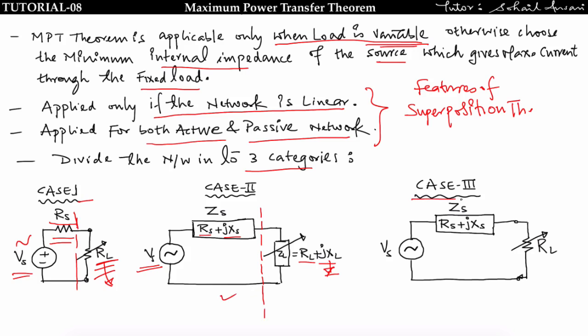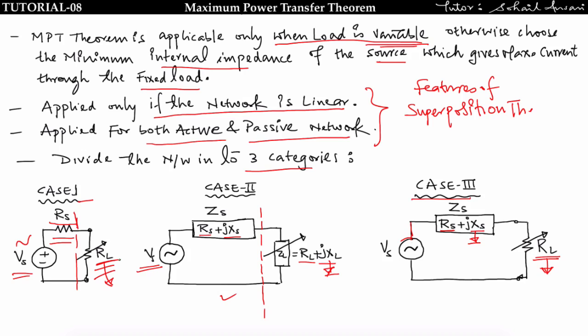Now see case 3. In case 3, the input source is AC, in series with impedance ZS, which consists of resistance as well as reactance. Now I am connecting a purely resistive load. So these three cases we have to study in the maximum power transfer theorem.